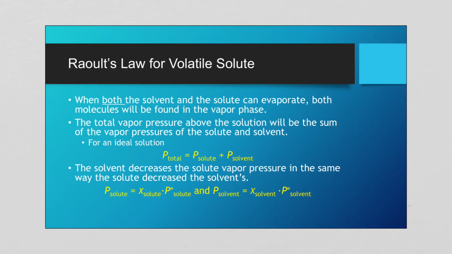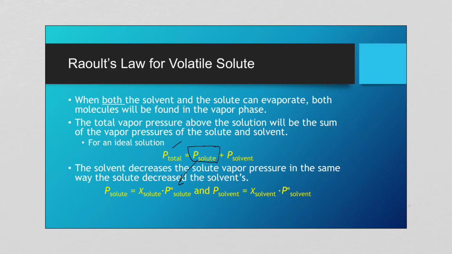So the total pressure, so this would be our total vapor pressure here, is going to equal the vapor pressure of the solute plus the vapor pressure of the solvent. And each one of these terms can be calculated using Raoult's law. So the vapor pressure of the solute is the mole fraction of the solute times the vapor pressure of the pure.